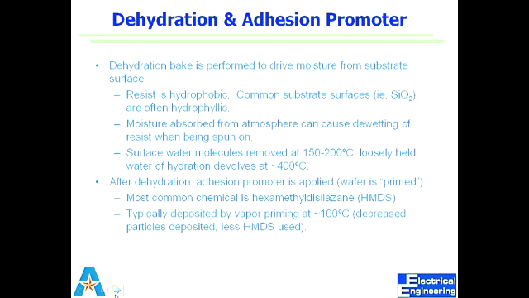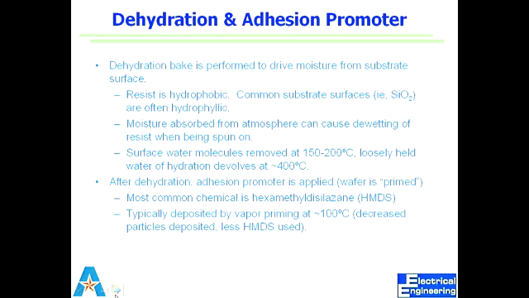So, it can cause it to have water between the resist and the wafer, which is not good. Surface molecules are removed at 150 to 200, and those who are still hanging around, they go away completely at 400, but we can't go all the way up.